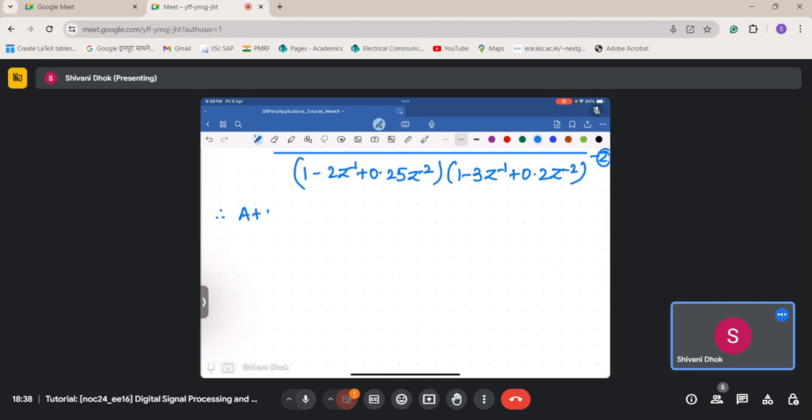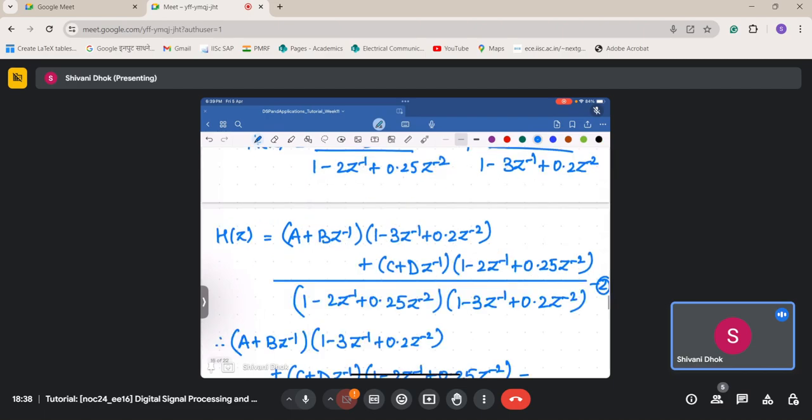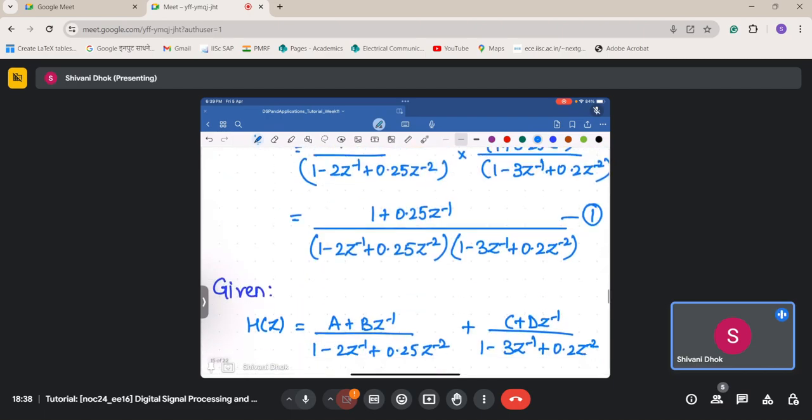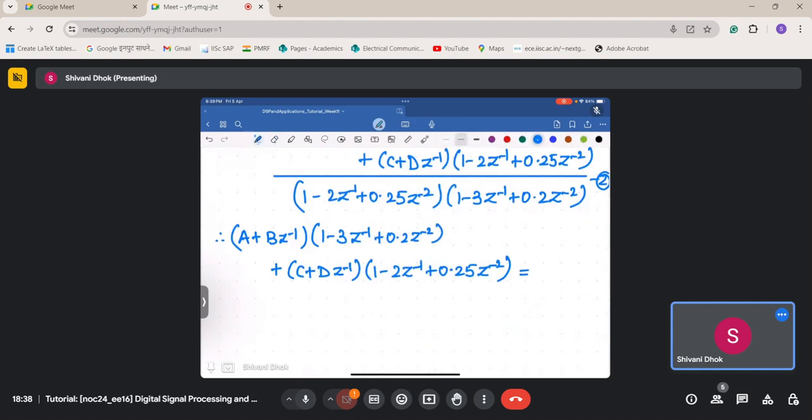Therefore a plus bz inverse multiplied by 1 minus 3z inverse plus 0.2 z to the power minus 2, plus c plus dz inverse into 1 minus 2z inverse plus 0.25 z to the power minus 2, should be equal to the numerator of equation 1, which is 1 plus 0.25 z inverse. Let me number this as equation 3.